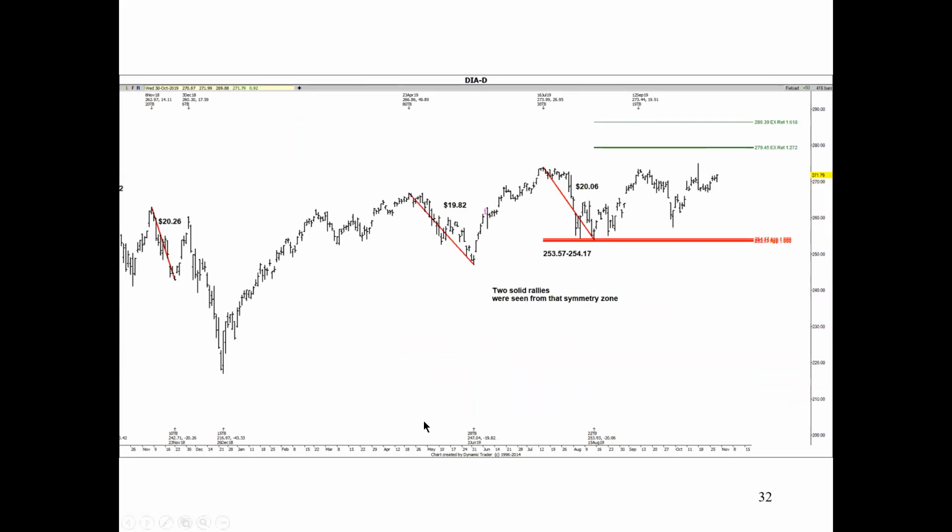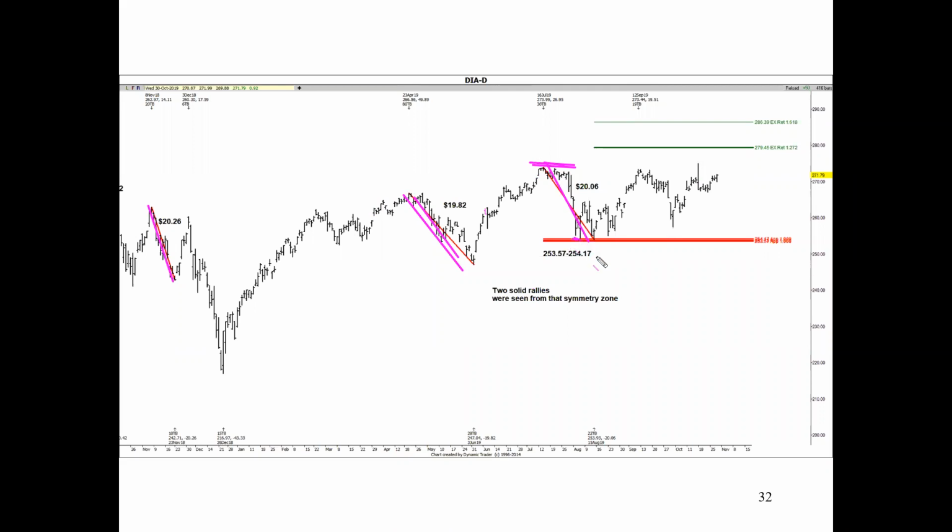This is a really good example of symmetry. This was in the Dow Diamonds. This is where we had some swings that were similar to others. When you have a huge pullback like this, I have to go back to the prior swings to look for similar swings to help me identify an area that might offer support. And we had these couple of projections of prior swings projected from the high that was made in July, gave us support.